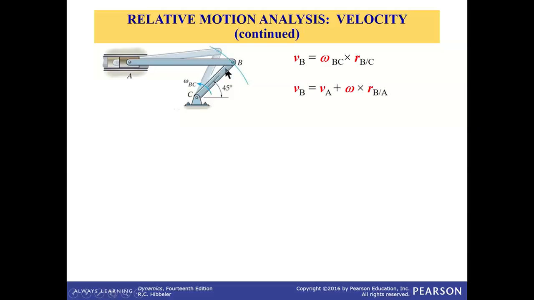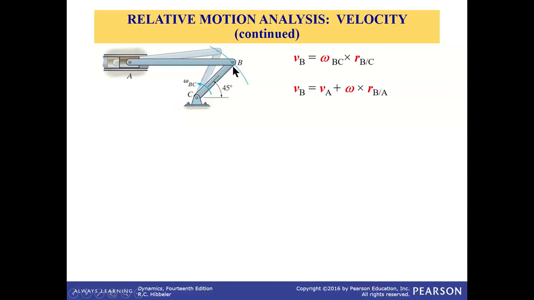Okay, so if you just forget about link AB at this stage and slider and everything and just focus on BC, then this is the equation that can be used to calculate the velocity of B, provided that we know omega BC, because we always know the dimensions of the link. So we know the length of link, so we know position vector because we know the angle. Okay, so that's one option.